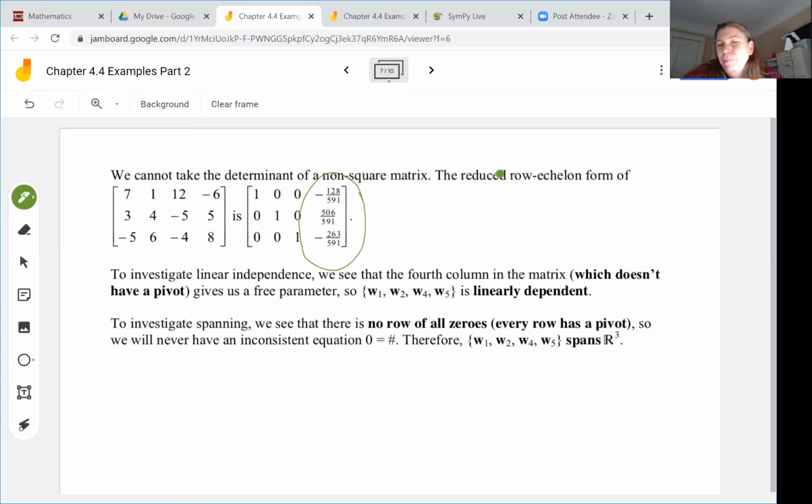And it makes some sense because we had 4 dimensions that we were trying to map to 3 dimensions, so you're going to get dependence in there. And then to investigate spanning, we see that there is no row of all zeros here. Every row has a pivot, so we'll never have an inconsistent equation where 0 equals some sort of number. So we can say that this set does span R3. So you can have a linearly independent or linearly dependent set that still spans R3.